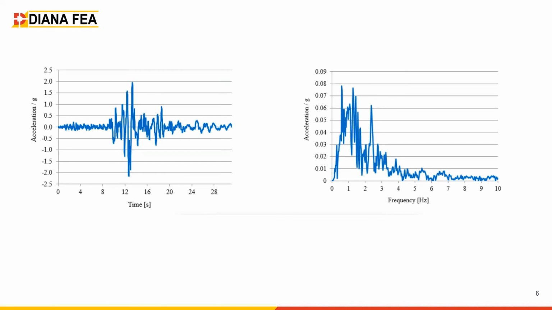So this is the accelerogram we use in this analysis, and using a discrete Fourier transformation, we obtain basically the following diagram, where we observe that most of the energy content of the earthquake is between somewhere here, which is, let's say, 0.5 Hertz, and somewhere around 4 Hertz.